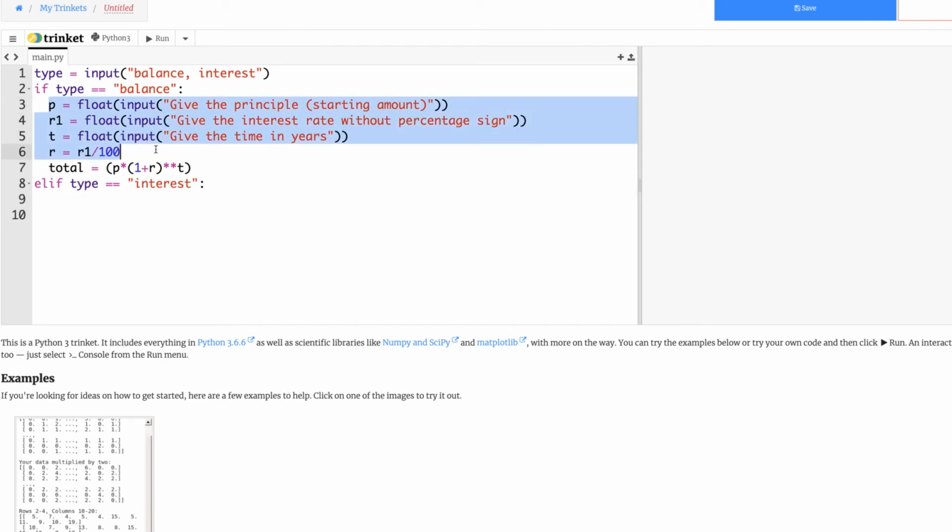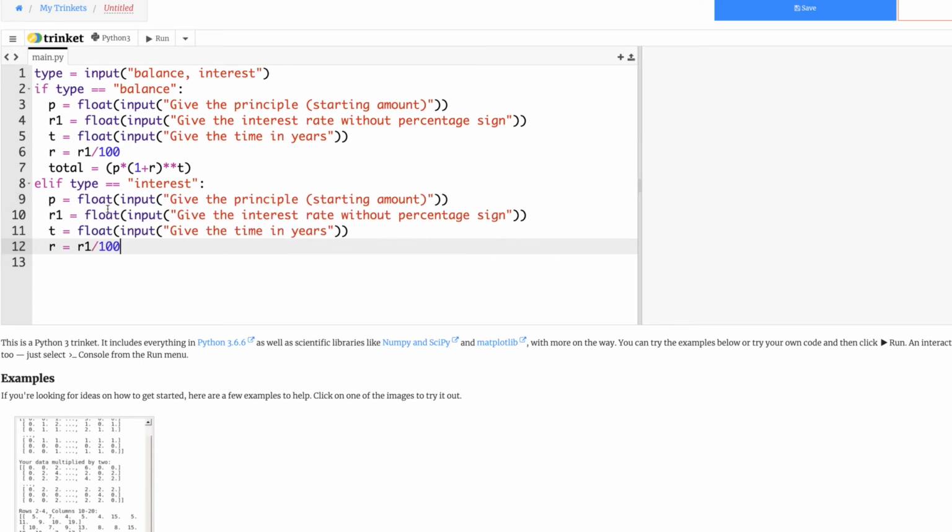So you need to do minus principal, otherwise it's the exact same thing. So we need to put this down, then we can write total equals. I didn't copy the total as well. Okay, let's copy that as well.